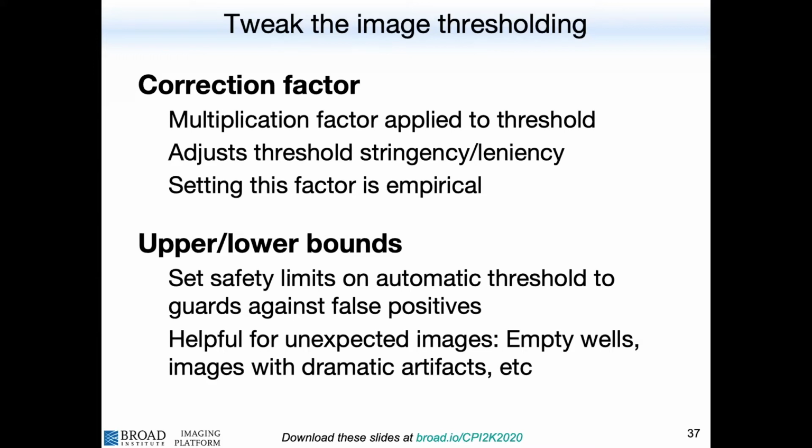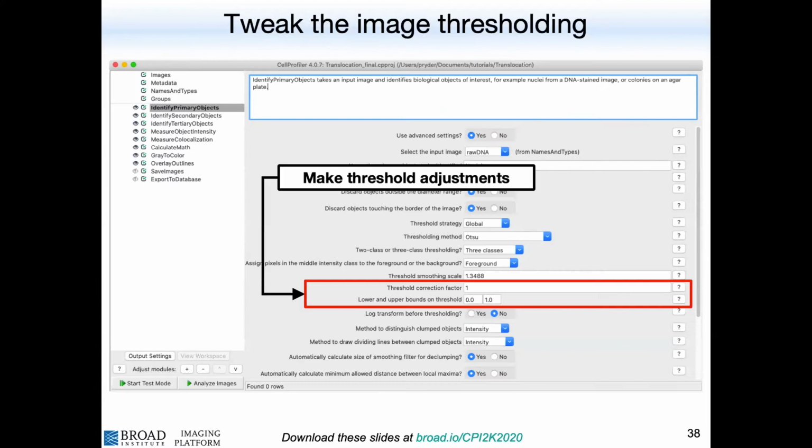It's not really the case in the experiment we want to work on today, but it basically allows us to gate off part of the histogram and tell the algorithm to only choose the thresholding line between these two numbers, and not let it draw the threshold beyond a specific part, for example, a center section that we chose. And these settings are here: the correction factor and the lower and upper bound threshold.